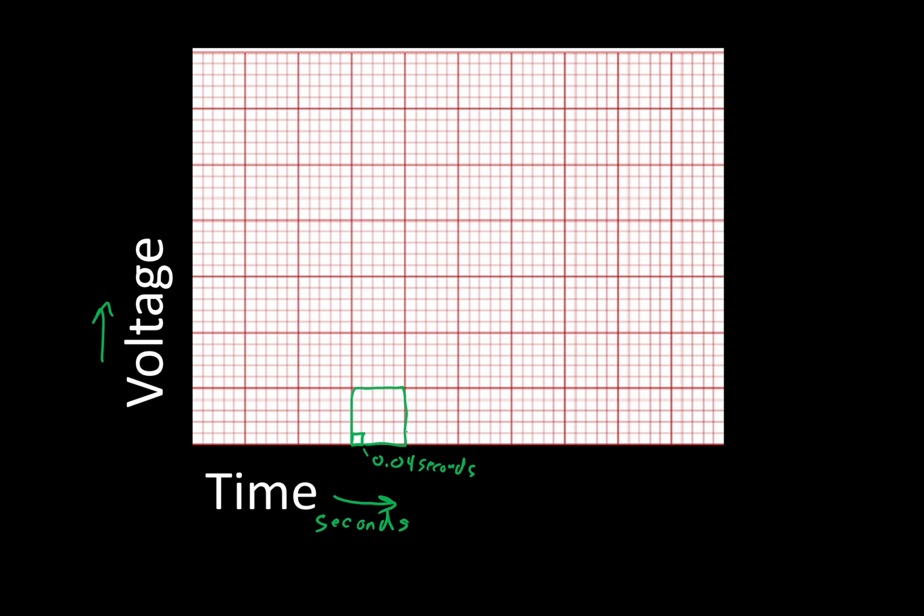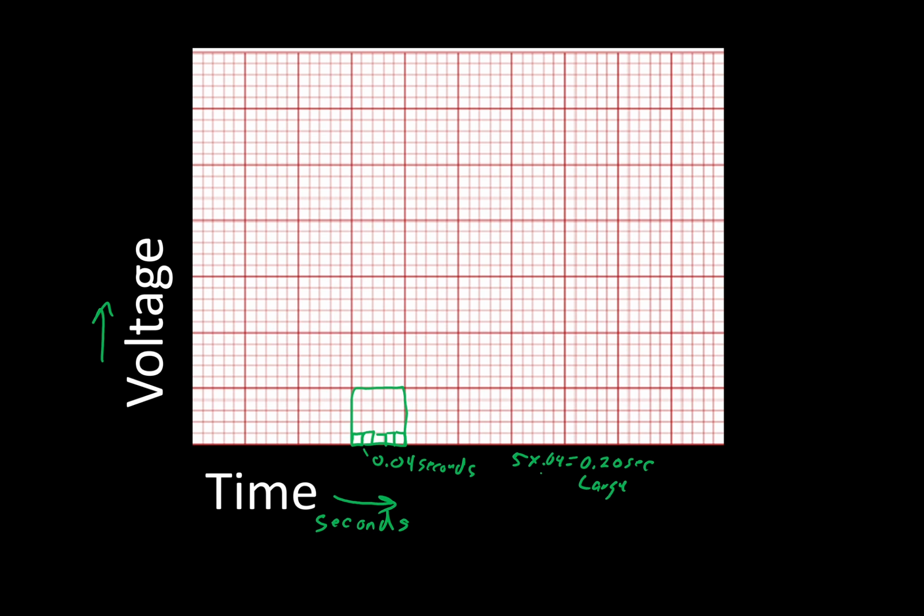So in that larger cube you actually have 5 small boxes. So 5 times 0.04 equals 0.20 seconds, so that each large box is worth 0.2 seconds.